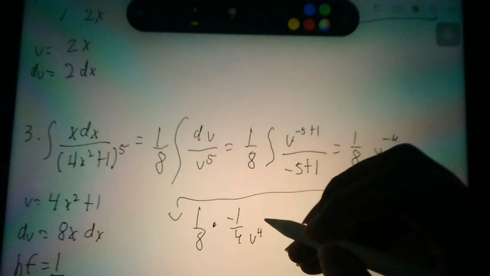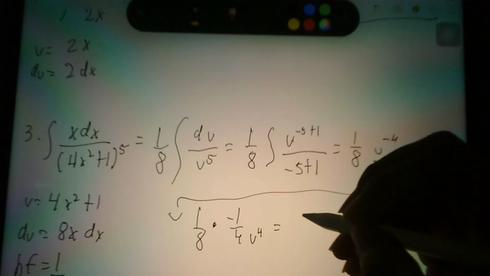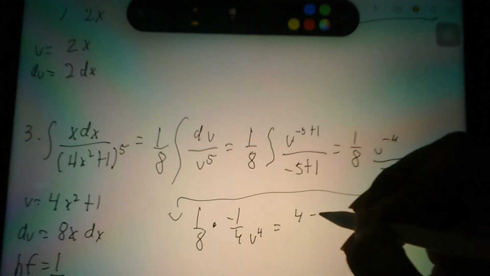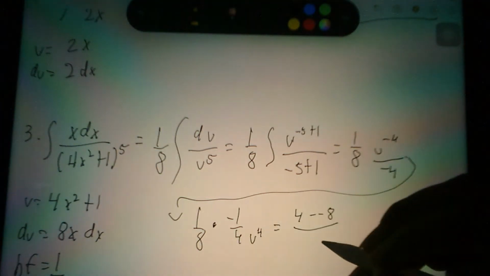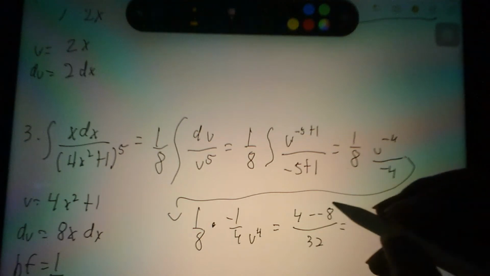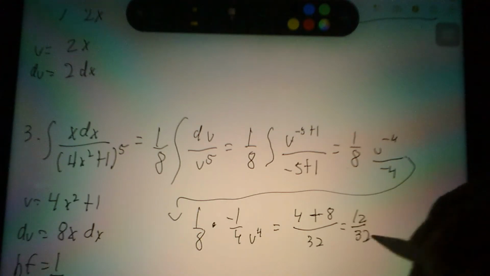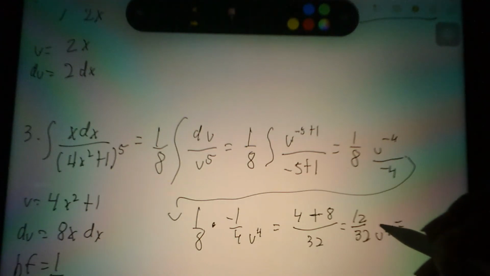So 1/8 times negative 1/4, to be sure, let me use my calculator.